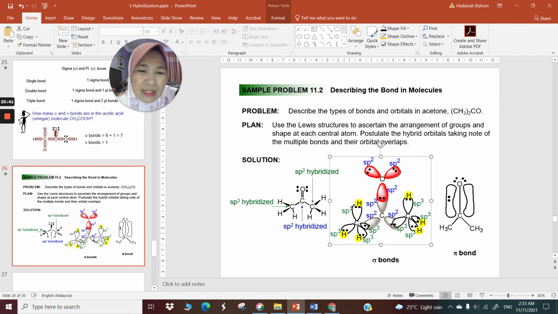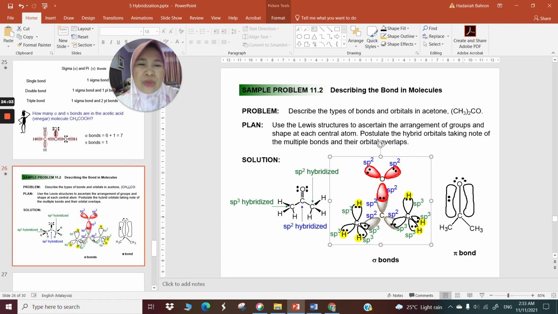So this has hydrogen attached to it, hydrogen and hydrogen. Similarly on the right, 3 hydrogens, and the sp3 of the carbon on the left and sp2 of the carbon in the middle, they're going to overlap to make a sigma bond between the 2 carbons. Similarly on the right.